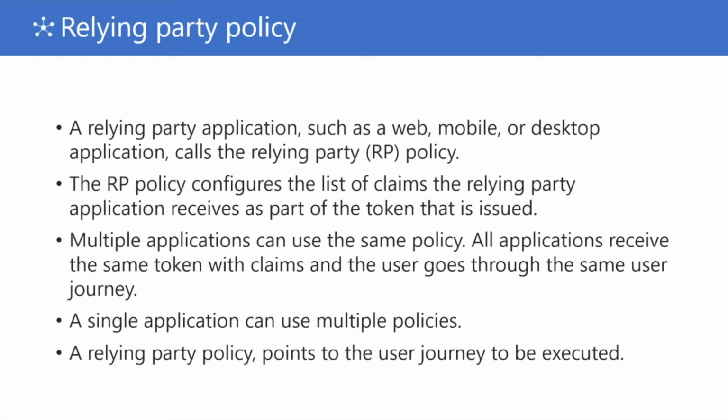The relying party section configures the claims that are returned when a token is issued as a result of calling into the policy. Several applications can actually use the same policy. It's just that any application that relies on that particular policy is going to return the same kind of token with the same kind of claims, as the user has gone through the particular user journey that the relying party has specified.